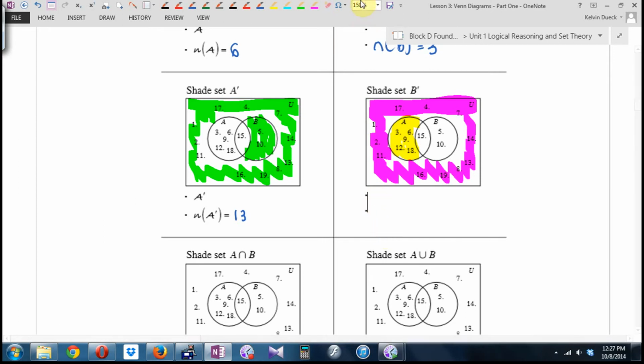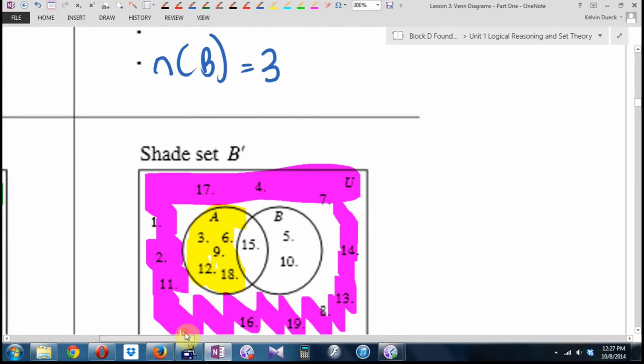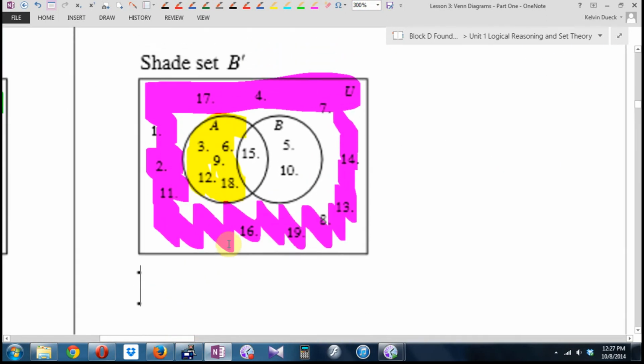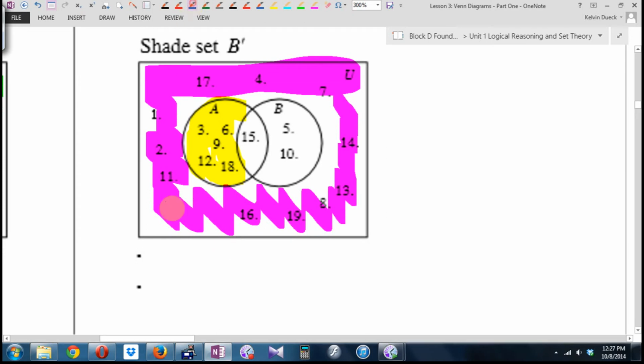I can make it bigger since we're zooming in on one of these at a time. They want us to write it in set notation, so in set notation I would write this as B prime, which they did at the top, but we're going to get more complicated as we go. And what is n of B prime? 16? Did you count or did you subtract? Subtracted. 16. You could count and confirm.